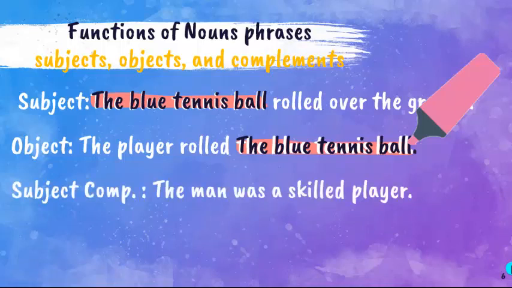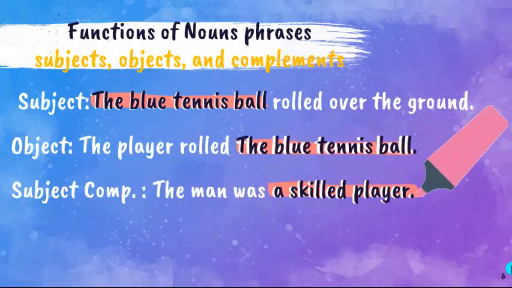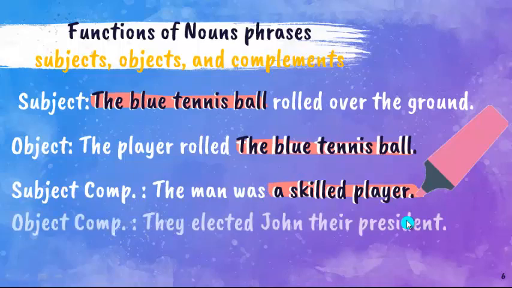Subject complement is skilled player, and player is the head word of this noun phrase, which gives us more information about the man, and it re-identifies the man. So the man is a skilled player, and especially it comes after the linking verb to be.